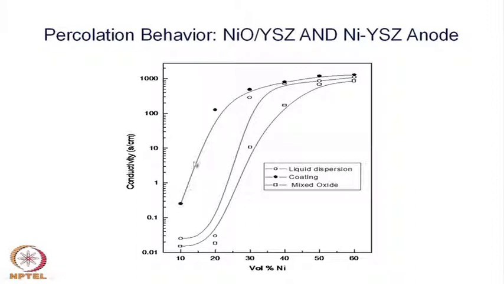And you can see here it is quite effective so far as this volume percentage is concerned, right. So, this kind of conductivity is available at a much lower concentration of nickel metal dispersion, and that helps to match the thermal expansion coefficient with the electrolyte much better.